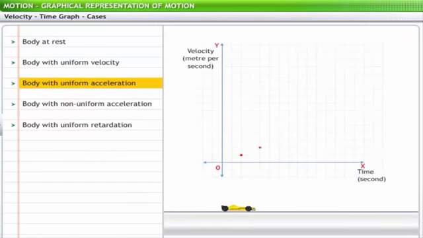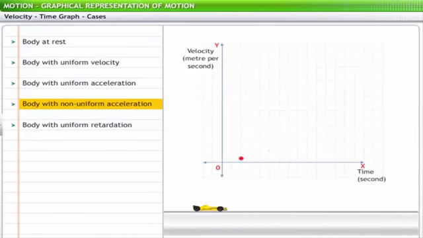When a body exhibits uniformly accelerated motion, the velocity-time graph represents a straight line passing through the origin and subtending an angle with the x-axis. This is because in this motion, the velocity of the body increases uniformly with time.